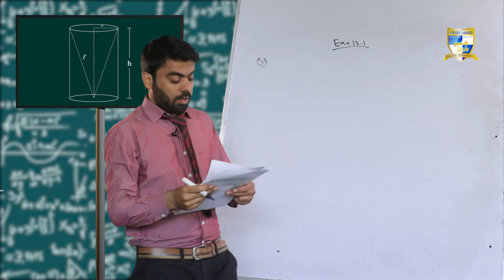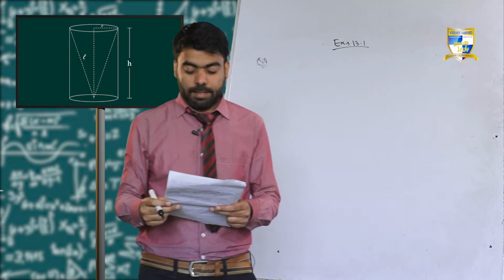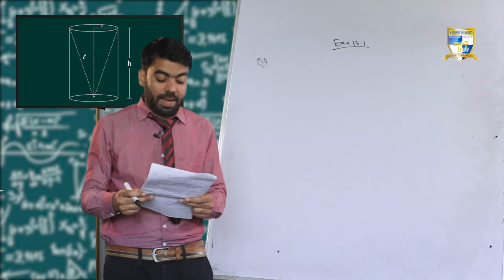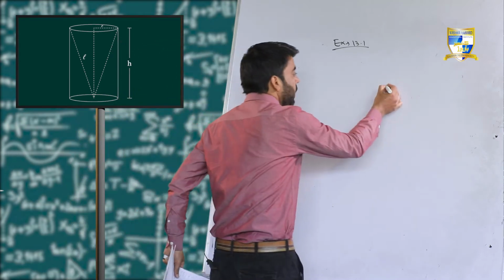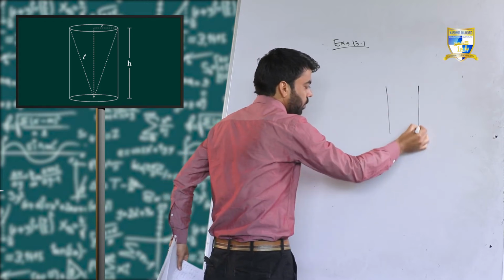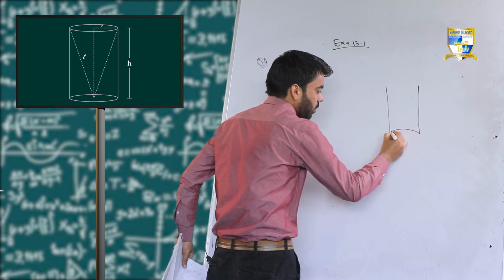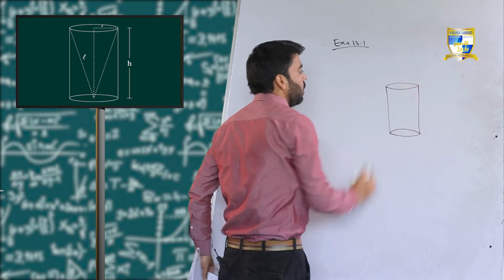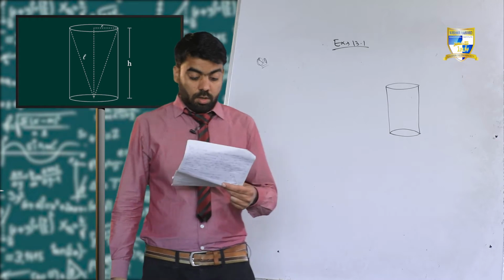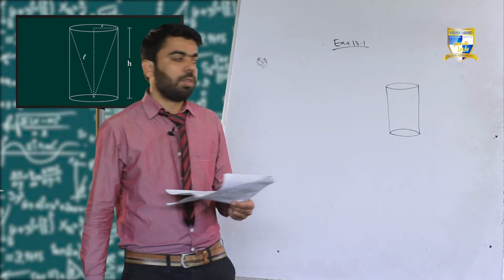What the question says: from a solid cylinder whose height is 2.4 centimeter. The question is about the cylinder. Let us make the cylinder first. This is the cylinder whose height is 2.4 centimeter.